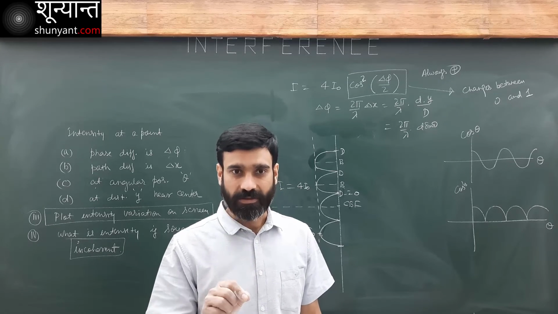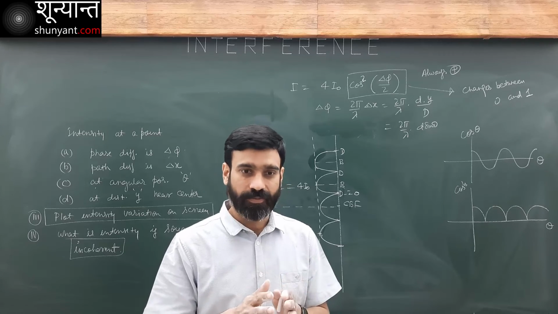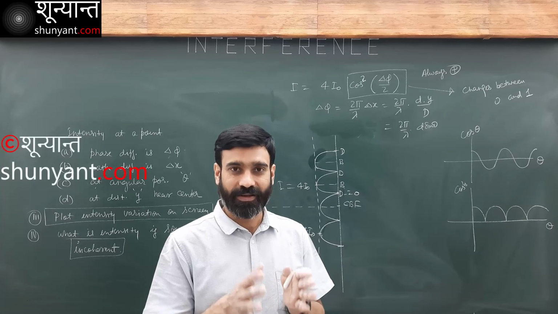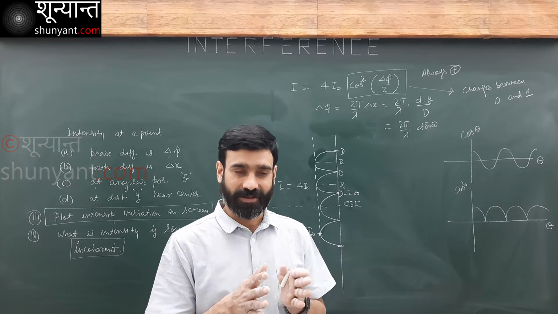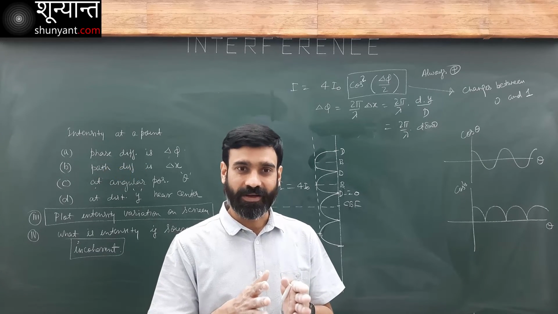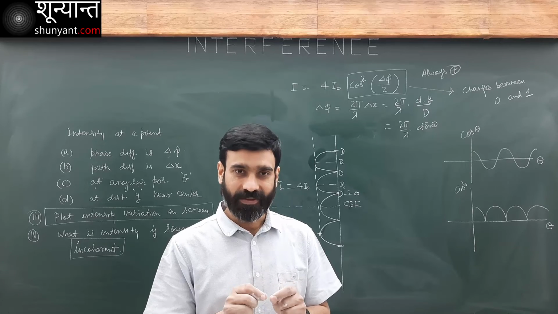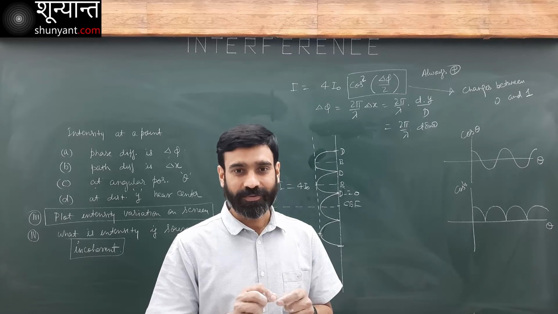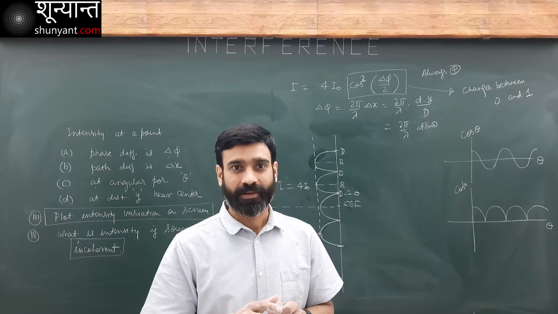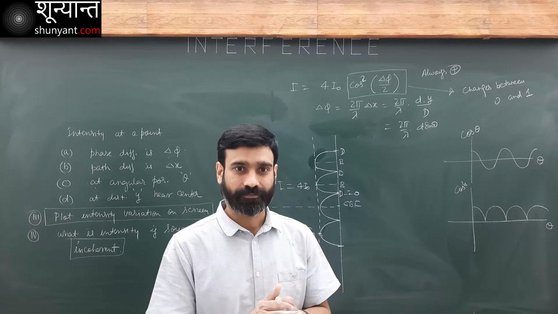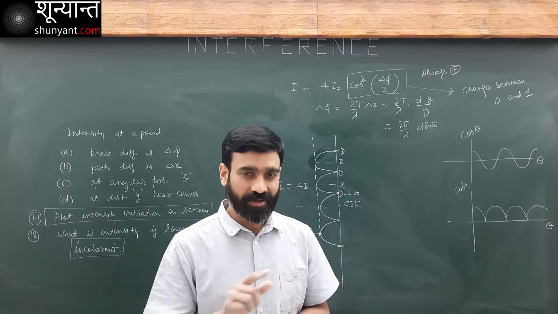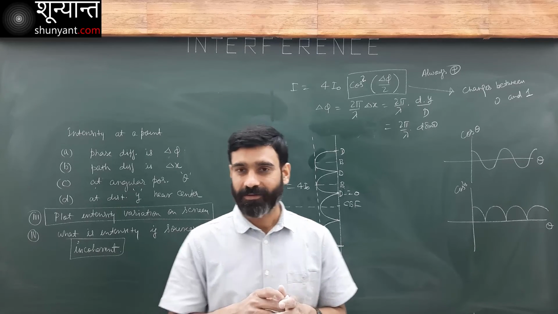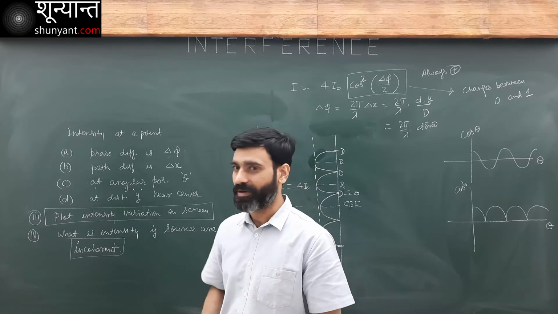There may be some phase difference between the waves, but whatever the phase difference is, it should not change with time. It should remain constant. If that happens, then the sources are said to be coherent. And if this does not happen, even if the frequencies are same, but the phase difference between them keeps on changing with time, then the sources are said to be incoherent.